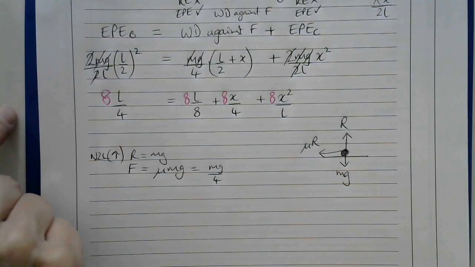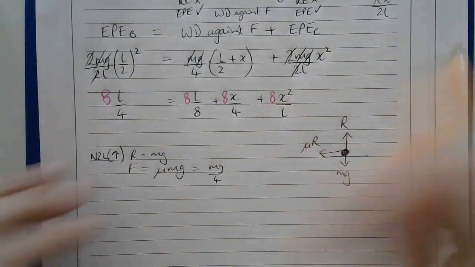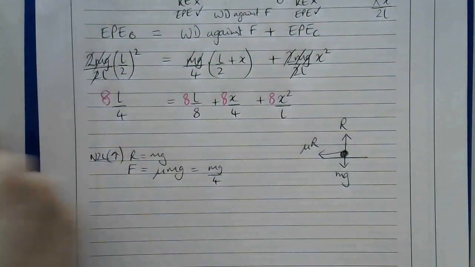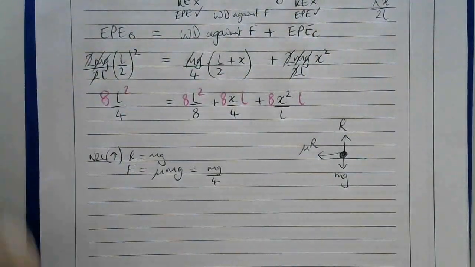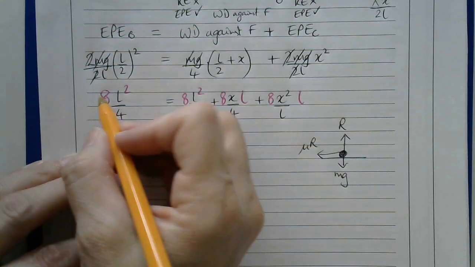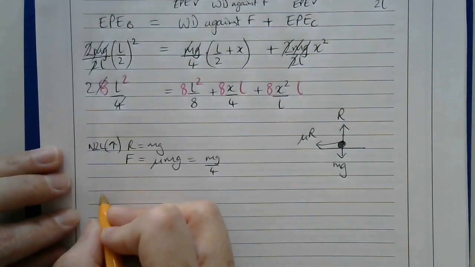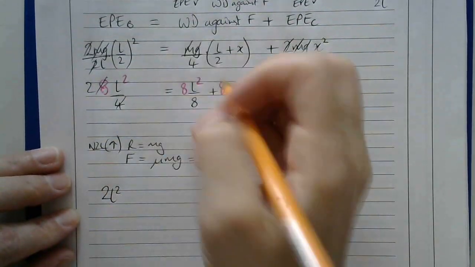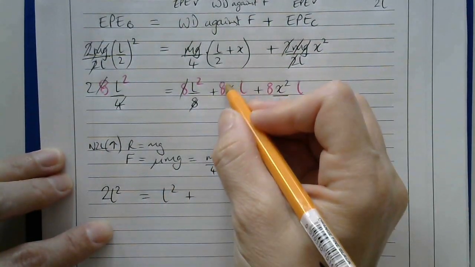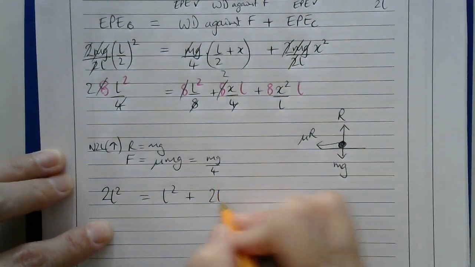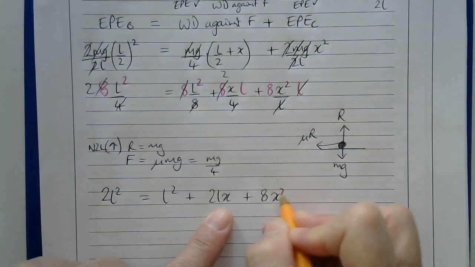And I can also multiply everything by L. So here I'll times by L, times by L, times by L, times by L. Okay, so after that stage, here I get 2L squared. Here the 8's cancel and I'm left with L squared. Here I get again 2Lx this time, and here the L's cancel and I'm left with 8x squared.